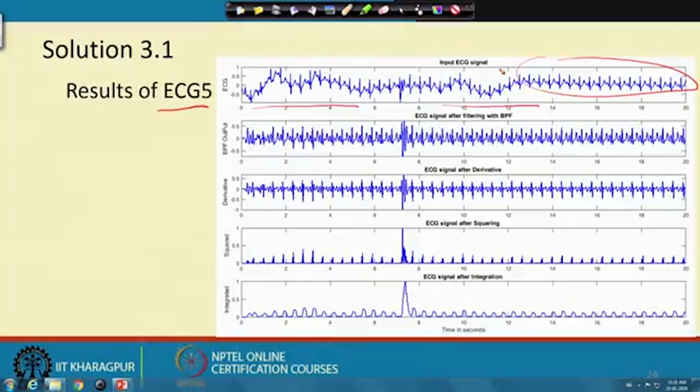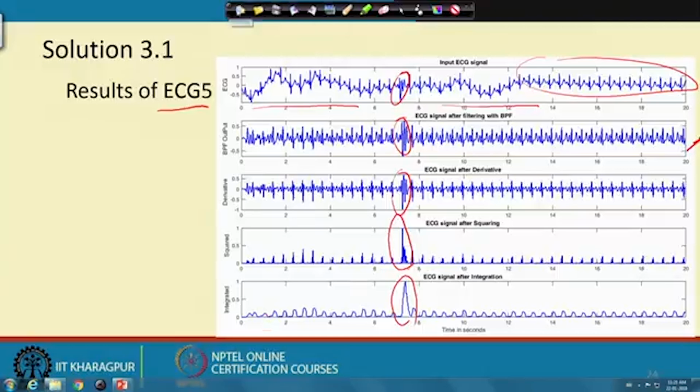After the band pass filter, the baseline wandering is removed, and here we had a jagged peak that is giving a high output. After the derivative filter it is also the highest, and after the squaring operation this remains the highest one. All the other QRS complexes seem to be much lower than that. So, it is dominating the scene.